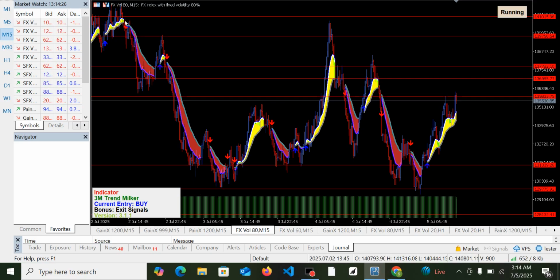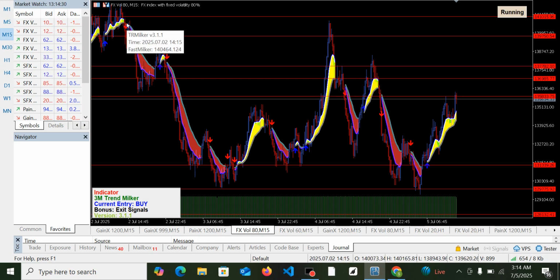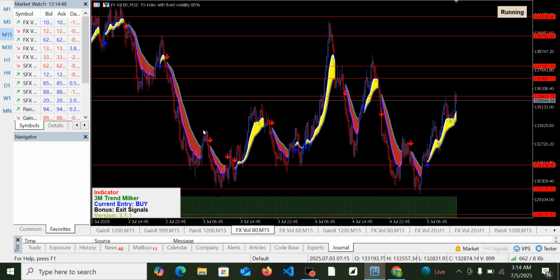For instance, this actually came from this resistance zone and it went on a downtrend just the way we have seen it. And of course, I'm on the 15-minute time frame. It got to this support zone. If you notice, it came in this direction, got to this region, went back down and went back up. So this movement is giving me a W movement at this point.